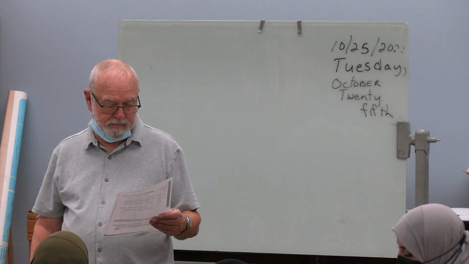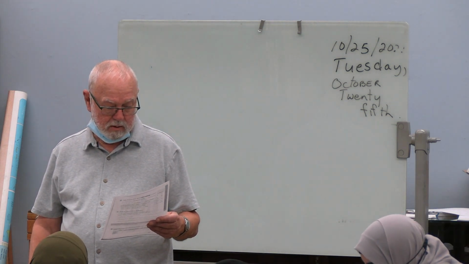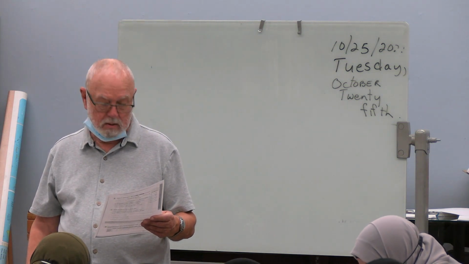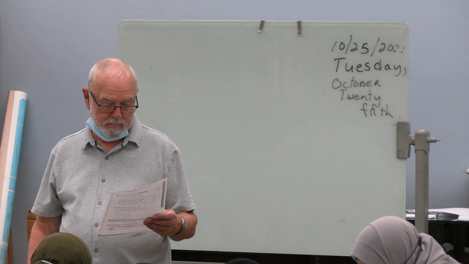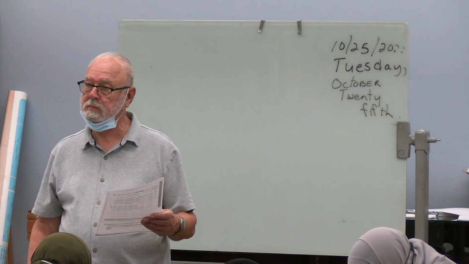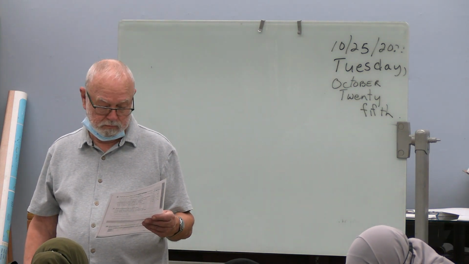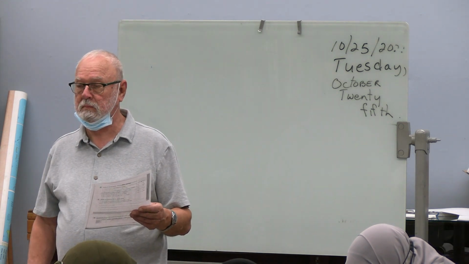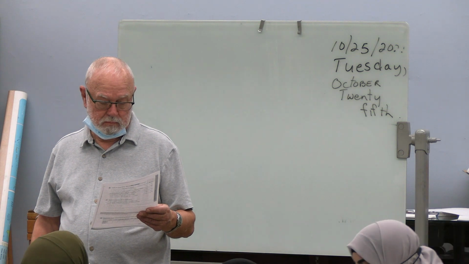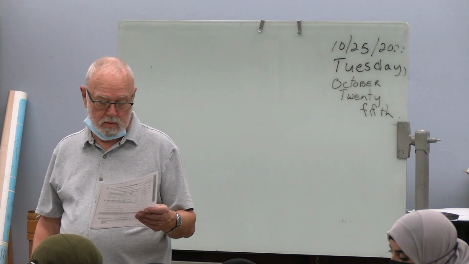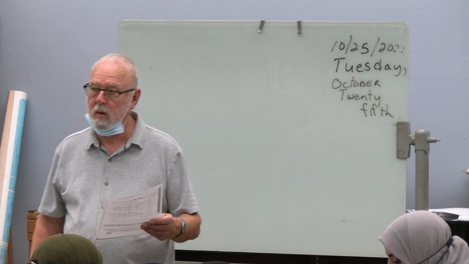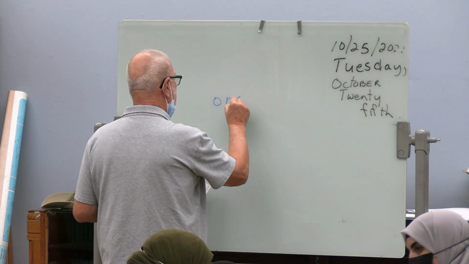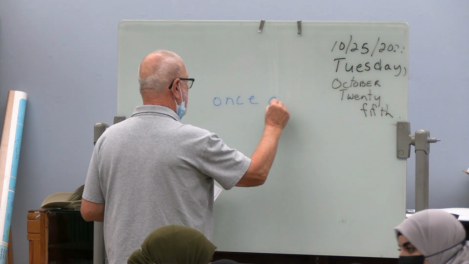Next one, number 5, Abdullah? What does Julie do once a month?